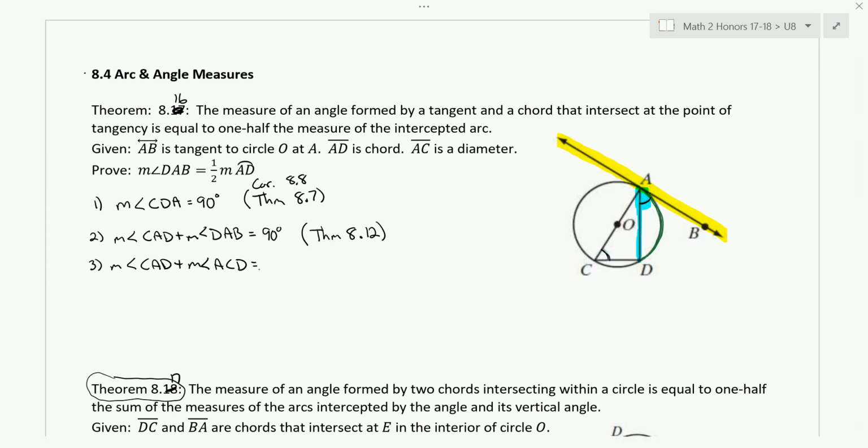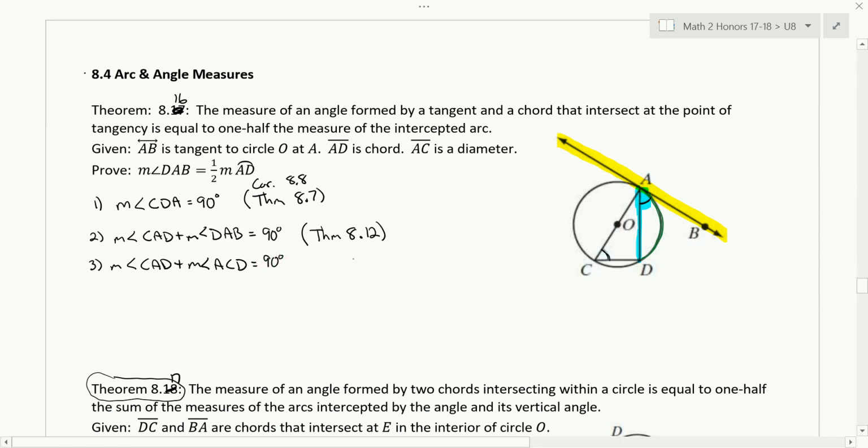Why is that, Chase? So yeah, this is a right angle here. It's a right triangle. And we know all three angles add up to 180, so the other two have to be, in this case, complementary. So they have to add up to 90.